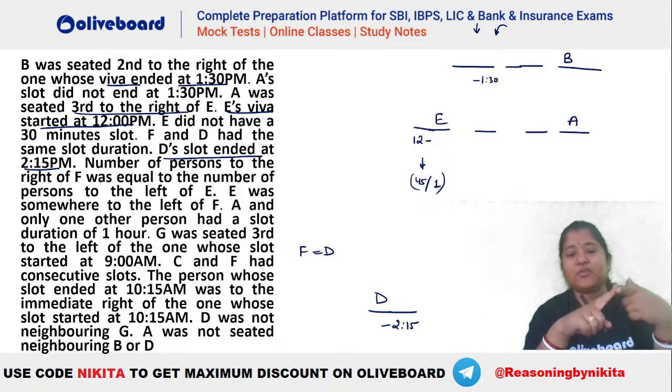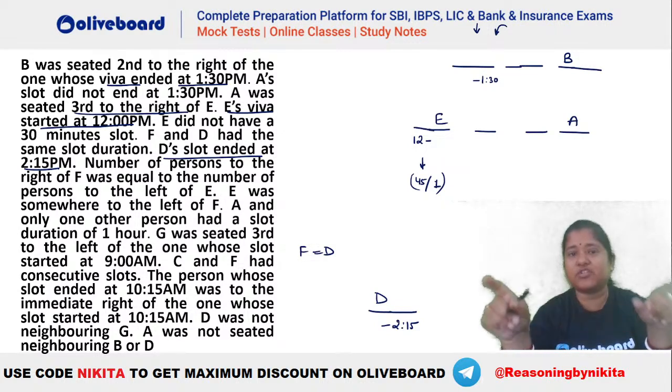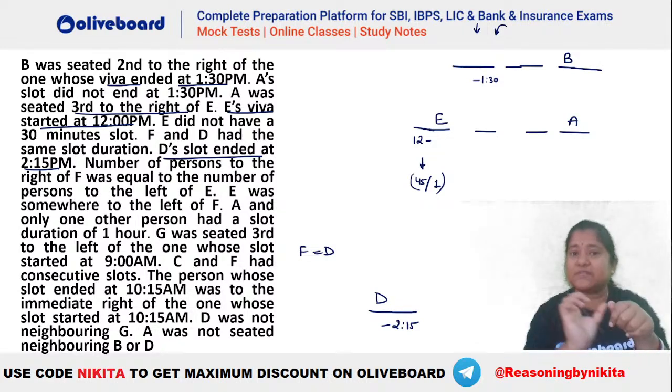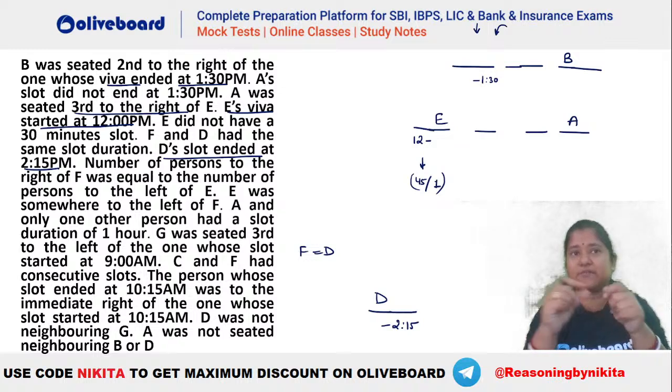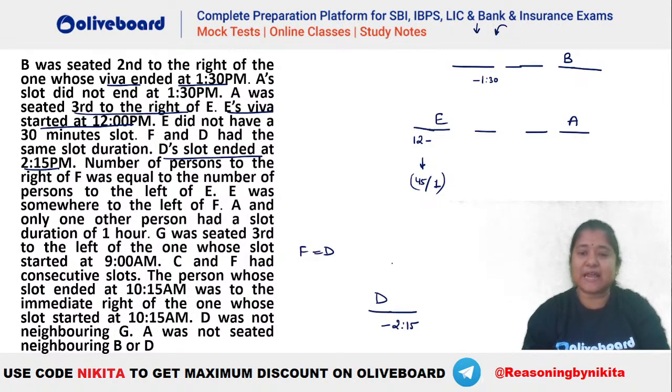So 1:30 to 2:15, that's a slot duration of 45 minutes. Now this 45 minutes cannot be further broken into two different slots, because 45 minutes means 30 plus 15, but 15 minutes is not a slot duration and we cannot have a gap in between. That means this person D should be starting at 1:30, isn't it?